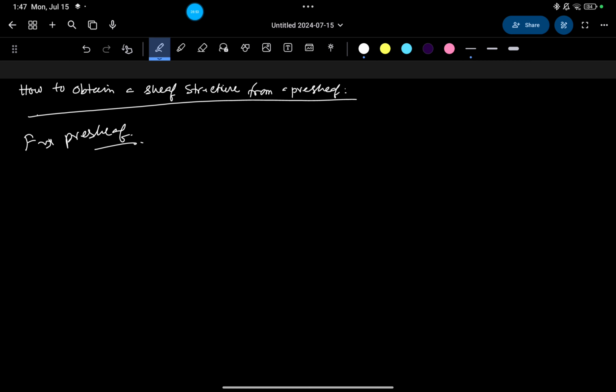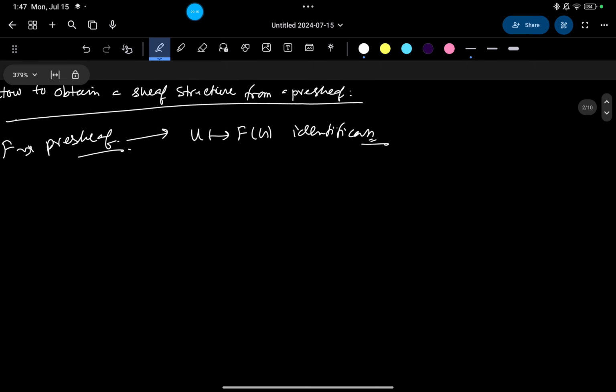So what are the properties I have? First of all, from U to F of U, this identification I have.